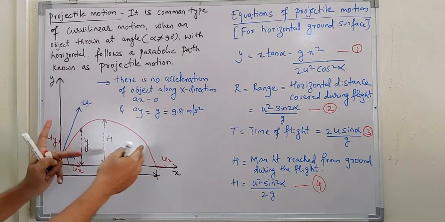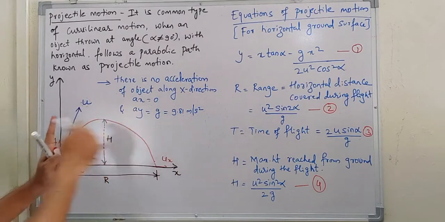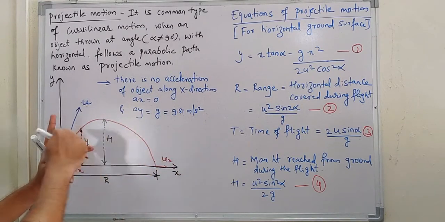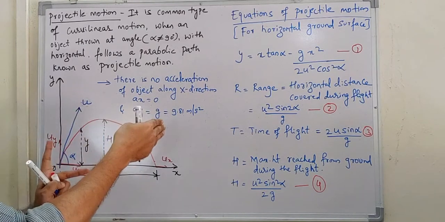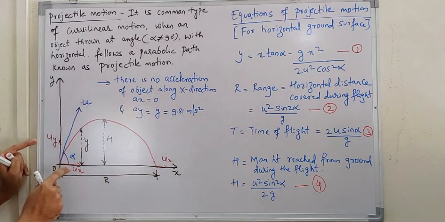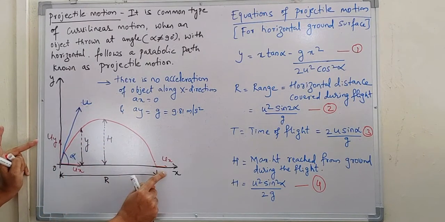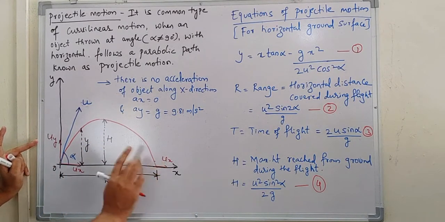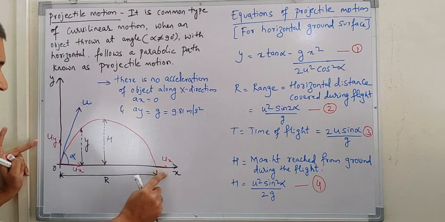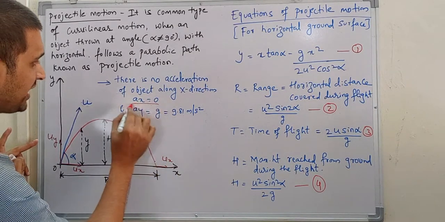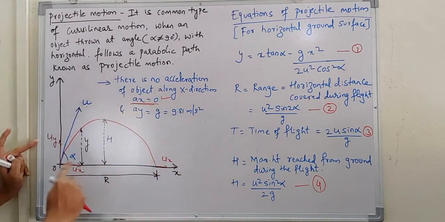Because it does not come across any resistance along the x direction, unless there is wind in the opposite or the same direction. If there is no wind disturbance, the initial and final velocity along the x direction remain the same. When the velocities are the same along the x direction, the acceleration along the x direction becomes 0.